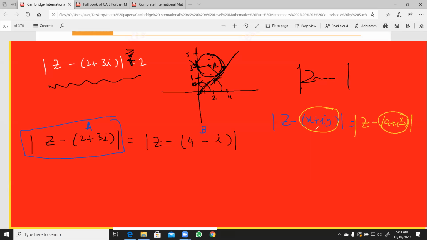Or in other words, the complex number z is equidistant from both of these two points. Let me call them A and B. So z is equidistant from A and B. Okay? Got it? So I have to proceed now.